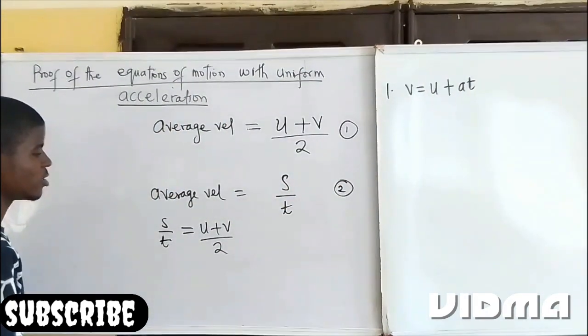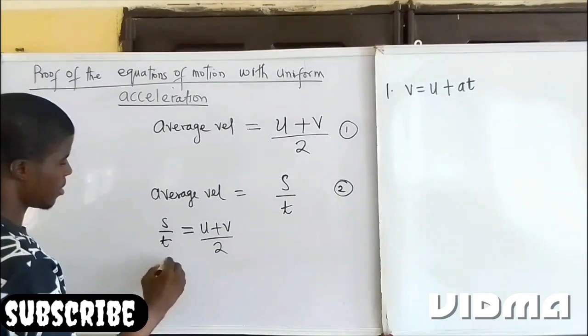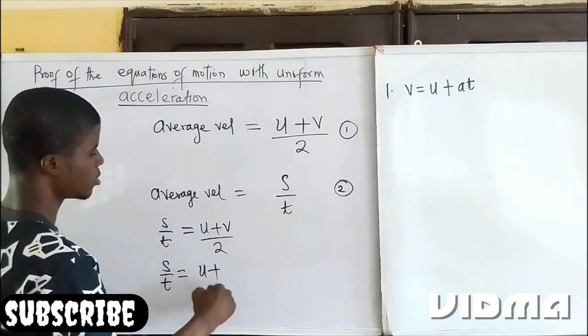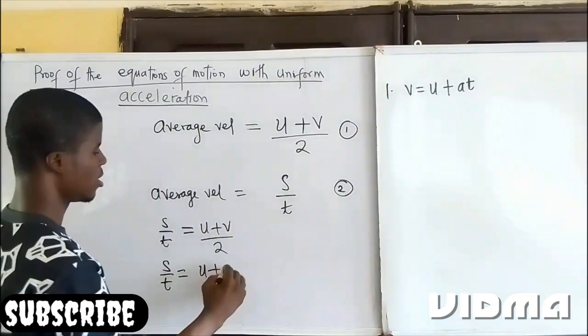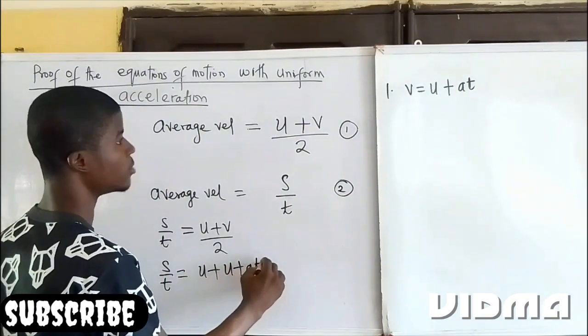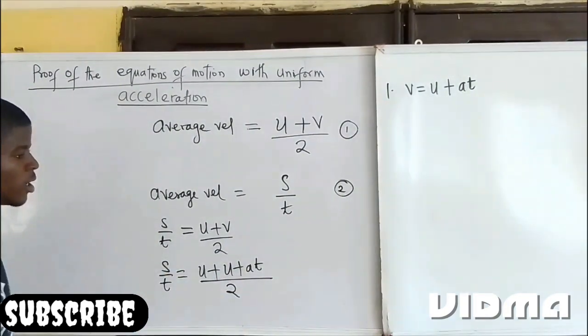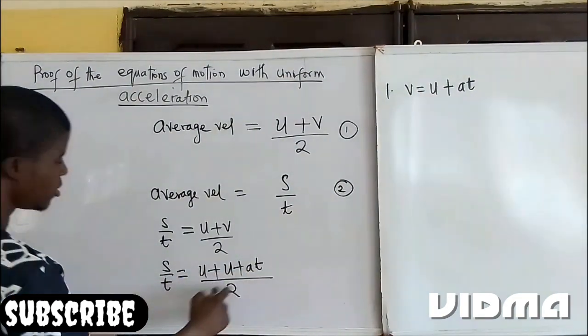So I can actually say S over T is equal to U plus, in place of V, I'll write U plus AT over 2, as we have here. And so this gives us 2U plus AT over 2.